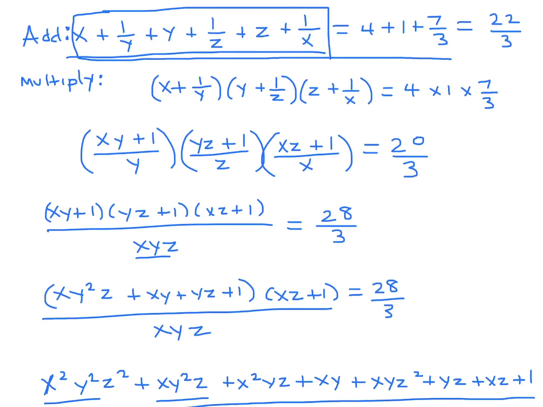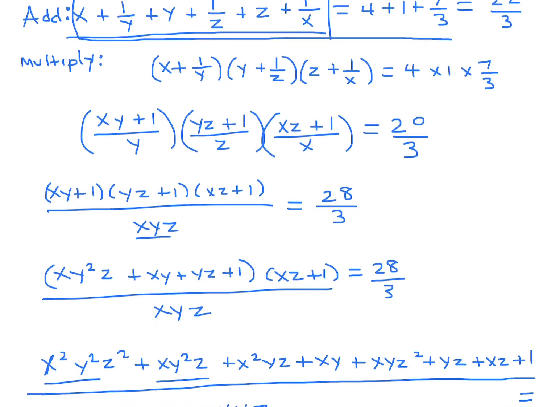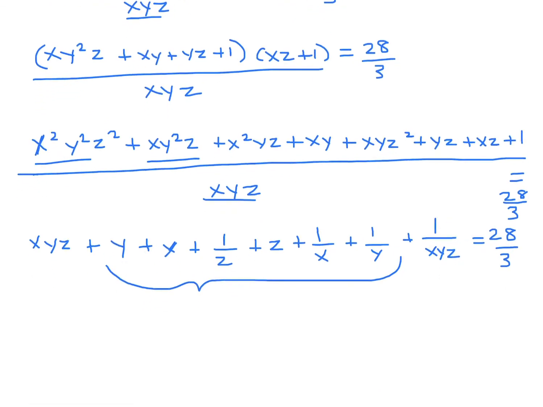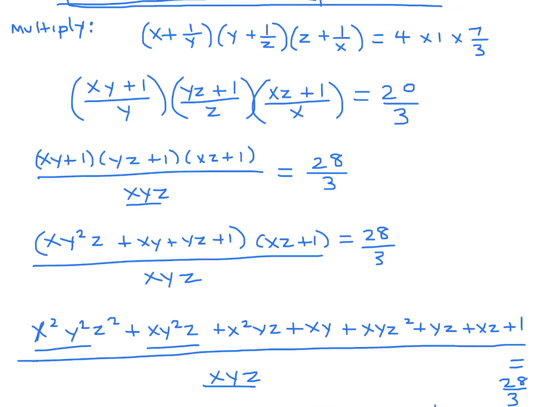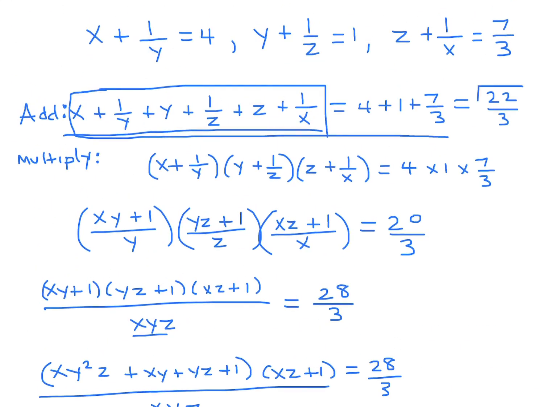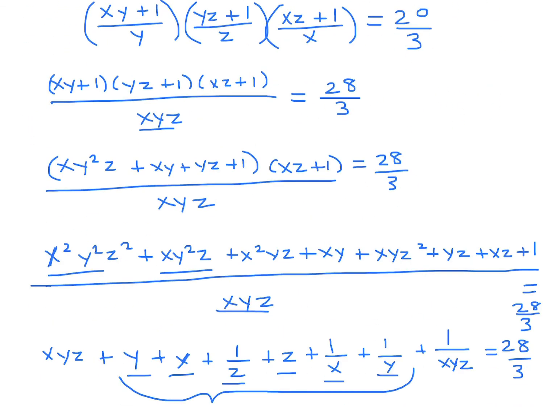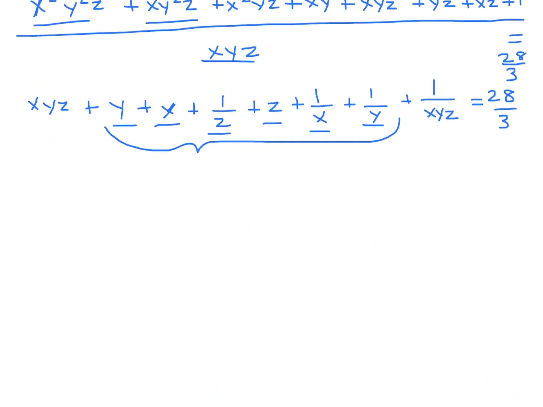Right? Exactly the same. And we figured out that's equal to 22 over 3. So I can put that in. 22 over 3. And I've got xyz plus 1 over xyz. All right, everything's coming together here.